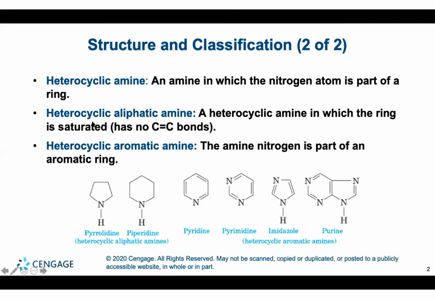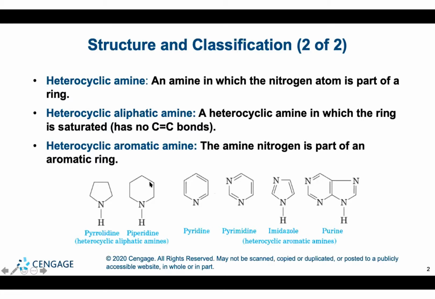Also, we have heterocyclic aliphatic amines, which are the first two on the left, and heterocyclic aromatic amines, which are the last four on the right side. I recommend you memorize these compound names. That would be really helpful.